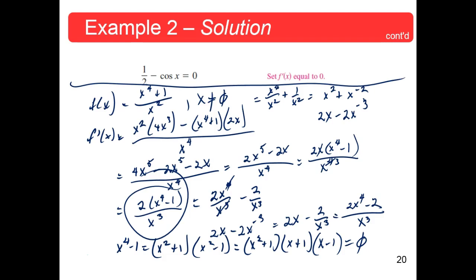What does this contribute? A negative 1 or a positive 1. Exactly. So those are 2 places where your first derivative is 0. Okay? All that just to get those 2 critical values. X equals 0, not an option because of that.